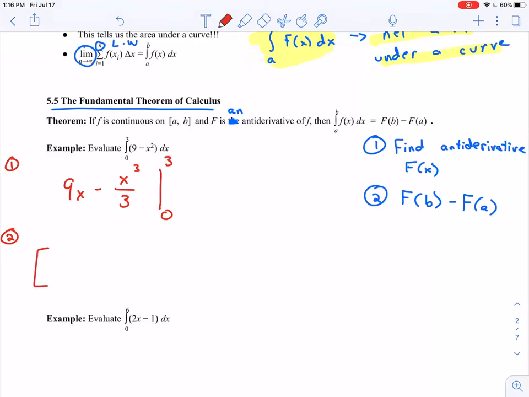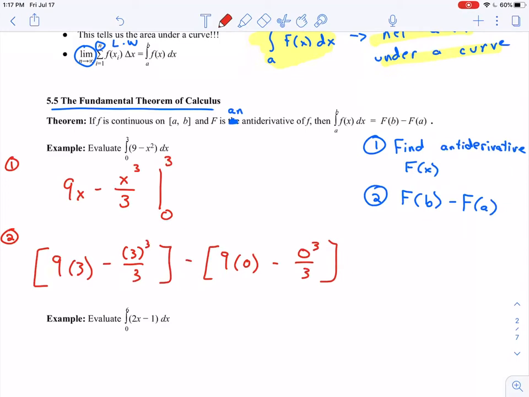Second step now, let's plug in our limits of integration. So first, 9 times 3 minus 3 to the third over 3, minus 9 times 0 minus 0 to the third over 3.